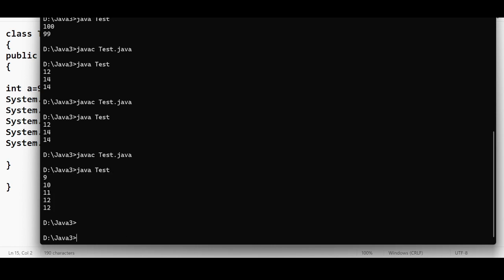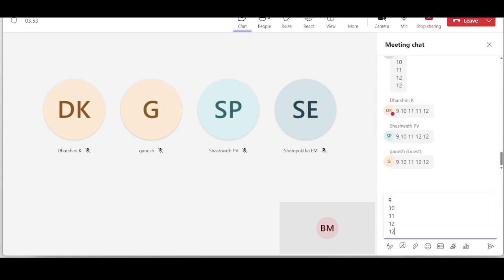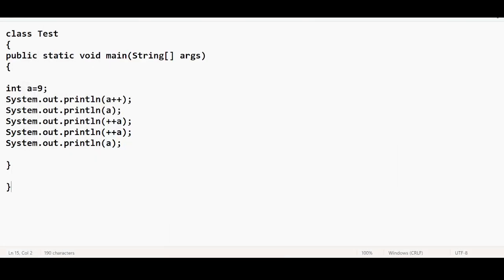We'll trace this. 9, 10, 11. Samyukta is right. One person is a little wrong, close to the answer. 9, 10, 11. Sashwant is right. Ganesh is also right. We'll understand this. No worries.